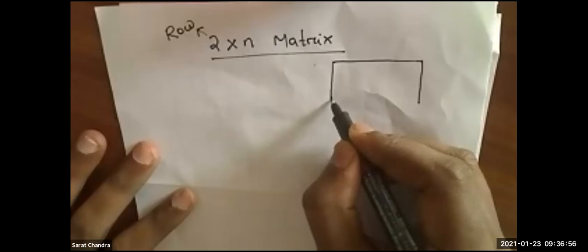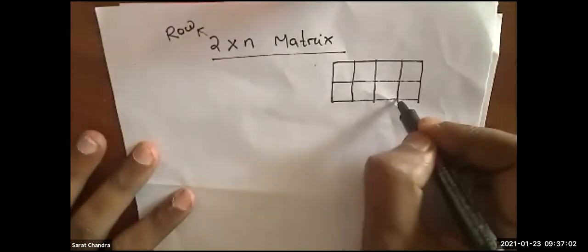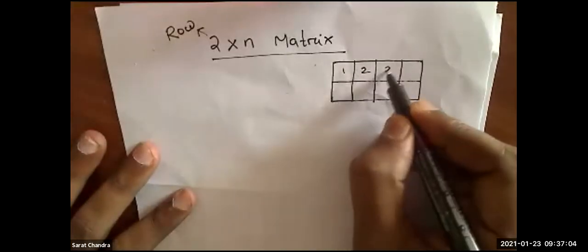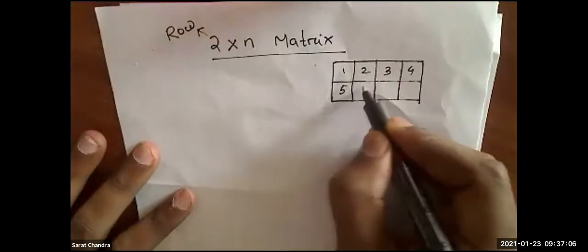For example, I am just taking one small example: our matrix was like this, 1, 2, 3, 4, 5, 6, 7, 8.